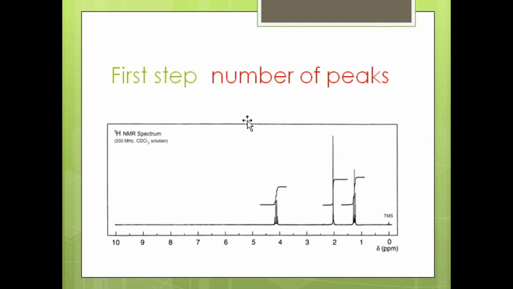It means that the more peaks are present, the more different or unique atoms are present in a molecule. Here, this is one peak, this is the second peak, and this is the third peak. One peak represents one kind of hydrogen atom, as we get it from the proton NMR spectrum.